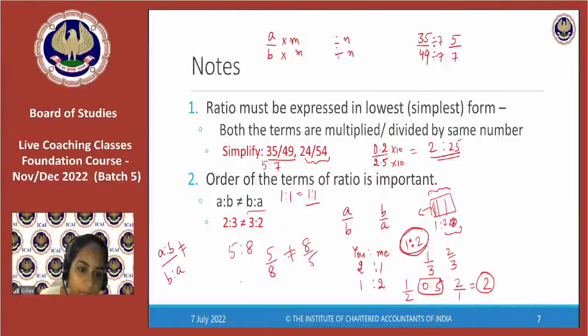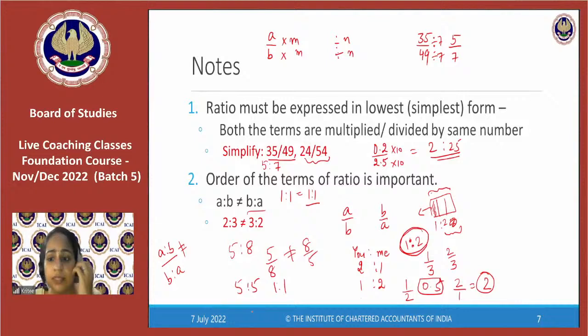If you're saying, okay, I'll take 5:5, it's the same thing as 1:1, right? You are also right, 3:3 is correct, 4:4 is correct. But the point is, in the simplest form, when antecedent and consequent are equal, the simplest form of presenting that ratio would be 1:1. So 1:1 is correct.